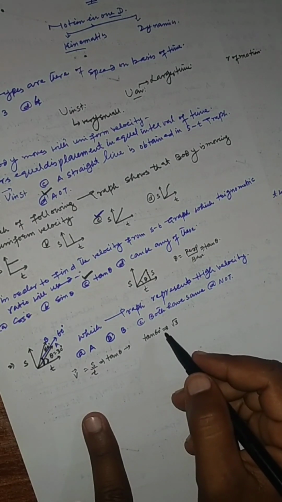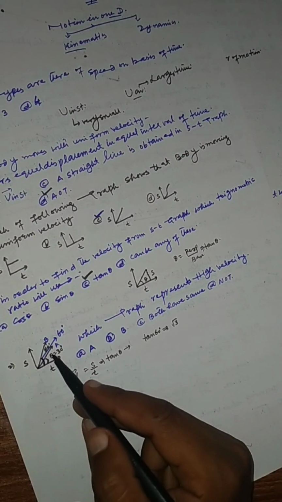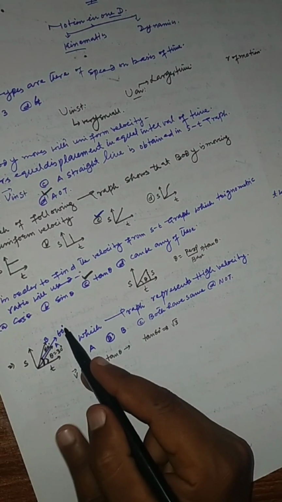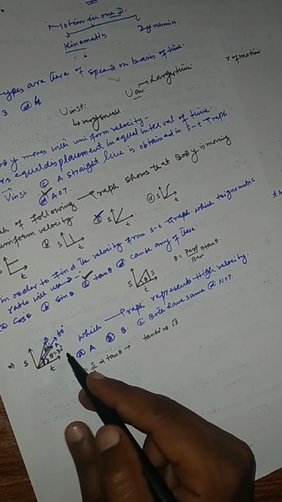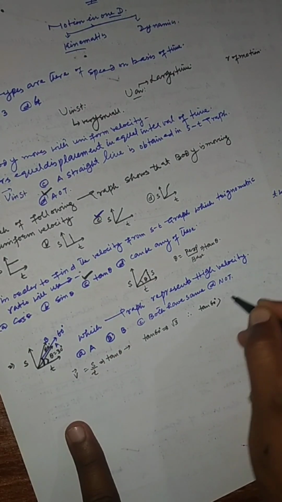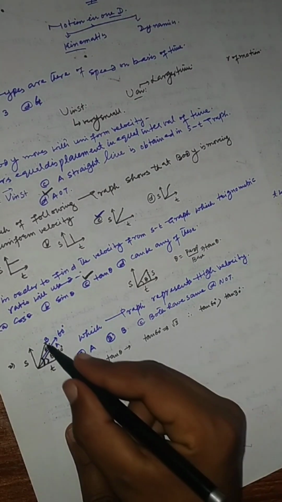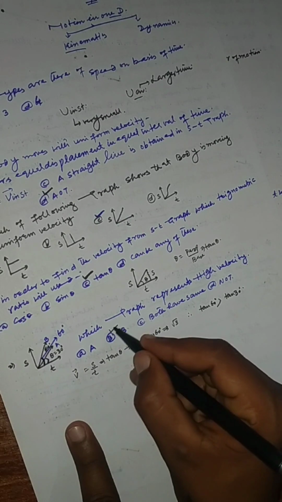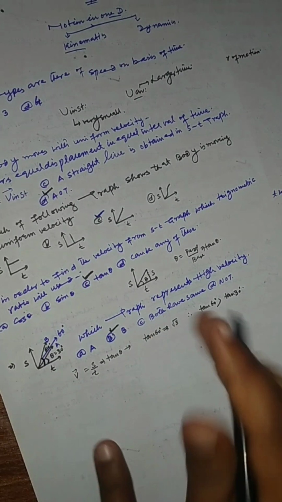So if tan 60 is larger than tan 30, it means that B has larger velocity.